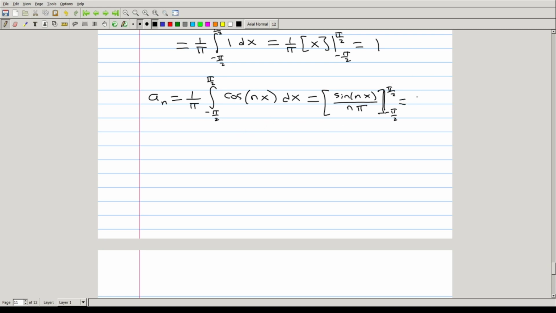Which is 2 over n pi times sine of n pi over 2.